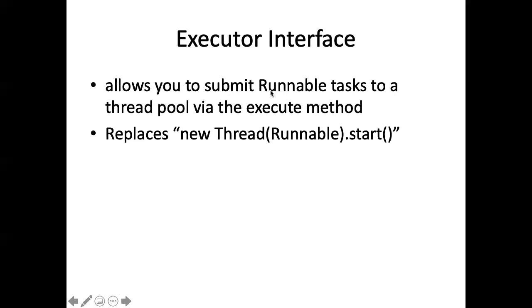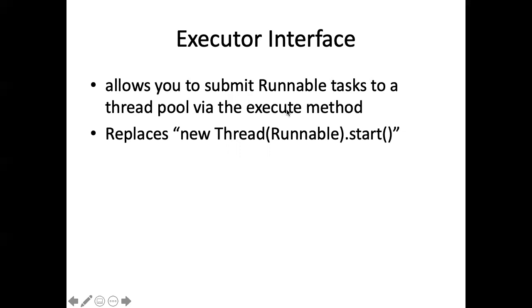And as I said, your task implements the runnable interface. You put your code in a run method. You'll eventually call the thread pool's execute method. And I'll have an example in a moment to show you how that happens. And then instead of calling new Thread(runnable).start, you simply call this execute method.